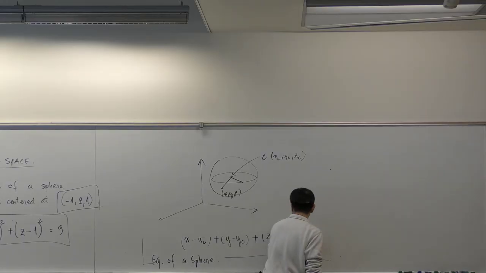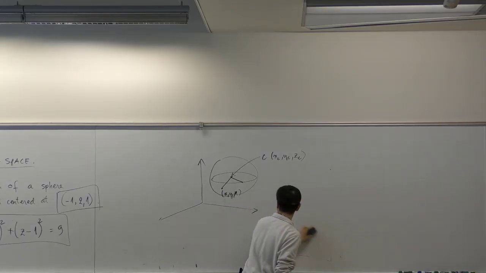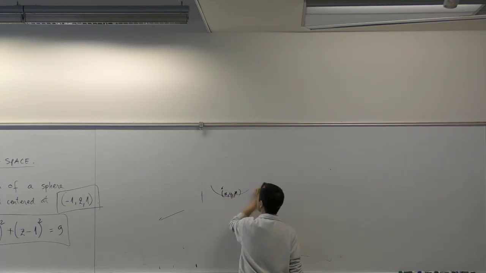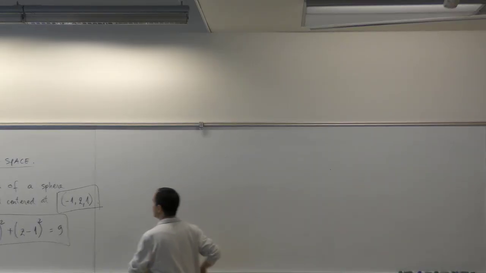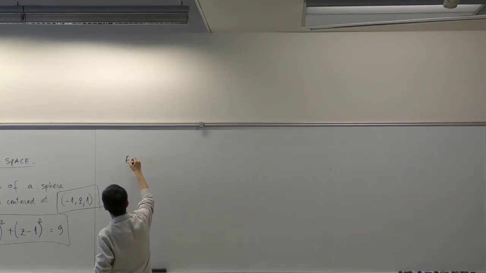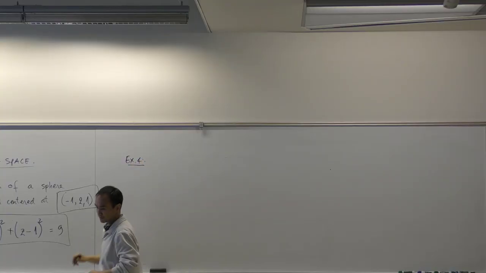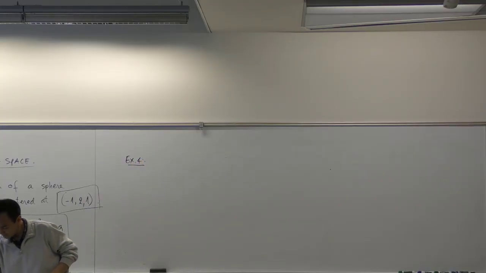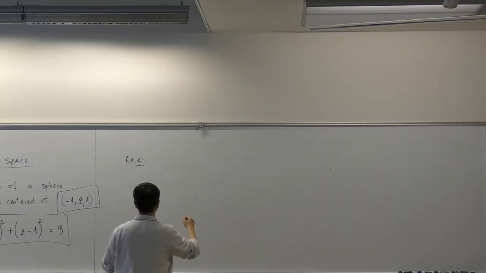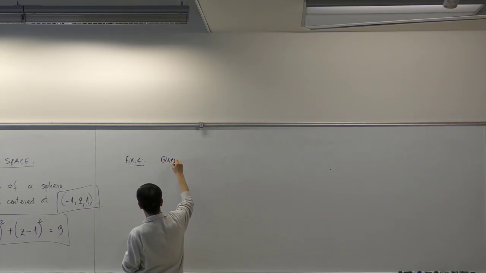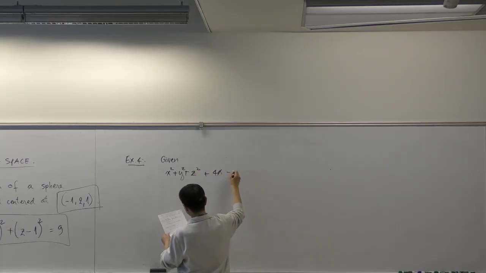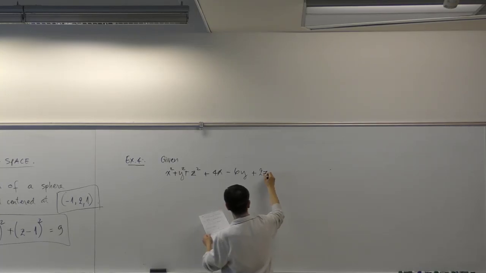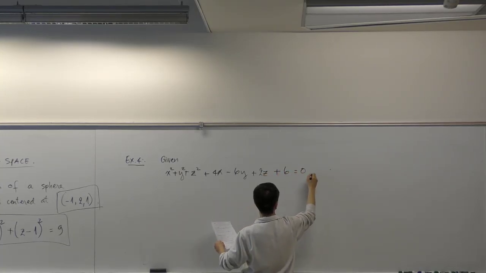There may be another kind of problem. Let me introduce that in a different example here. So we are given an equation that says x squared plus y squared plus z squared plus 4x minus 6y plus 2z plus 6 equals 0.